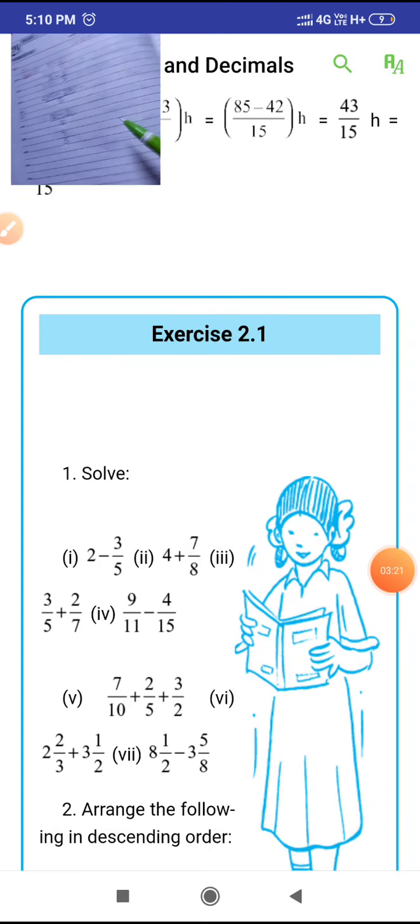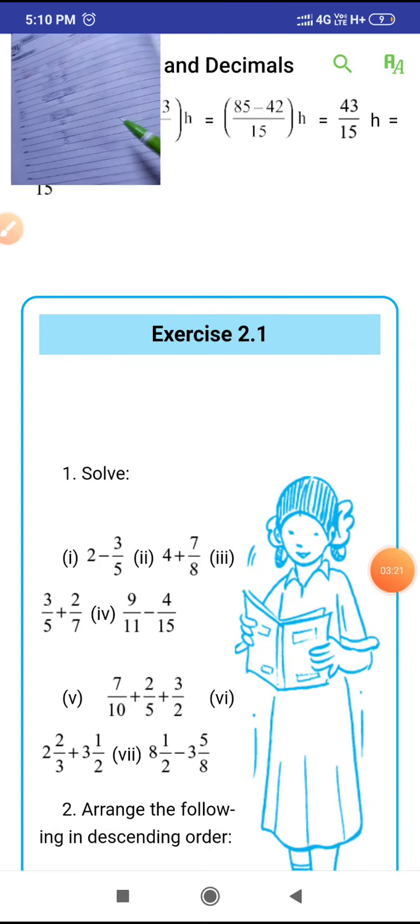In the next step, you have to solve this question and you obtain the answer 7 upon 5, and it is an improper fraction. So you can also write this improper fraction in the form of a mixed fraction. Now the question arises, how can you convert an improper fraction into a mixed fraction?